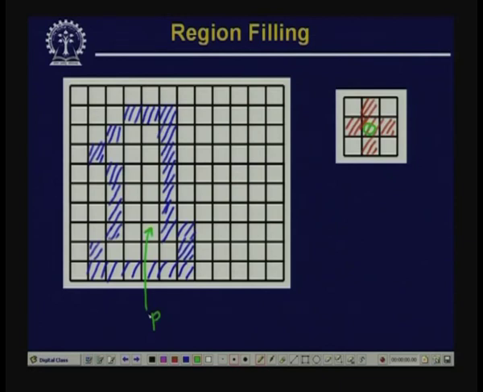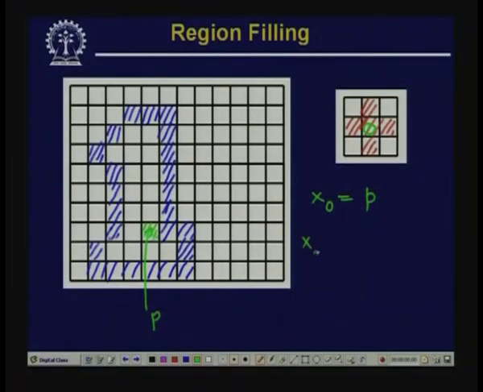First, we set this point p equal to 1, and I assign a point set, say X0, where X0 is initially the point p. The region filling operation will be performed by iterative application of dilation operations. So the algorithm for this region filling operation, in the form of an iterative algorithm, can be written like this.